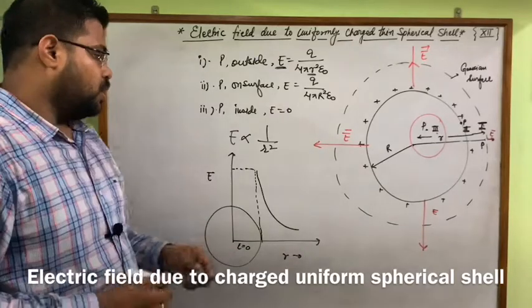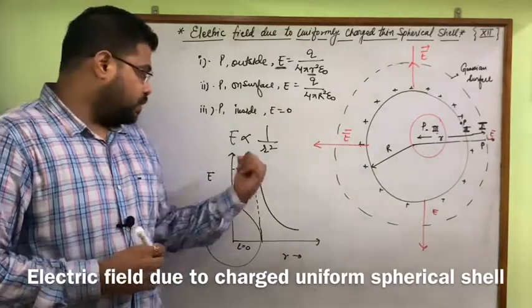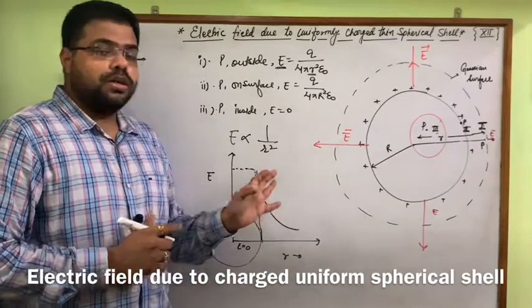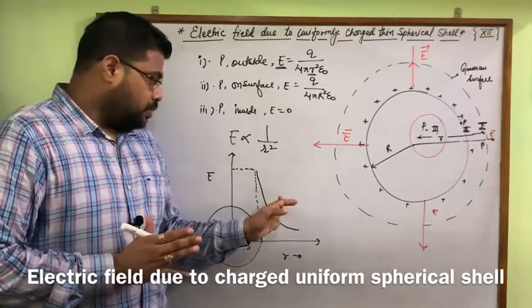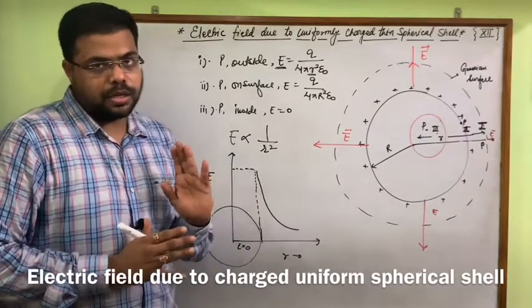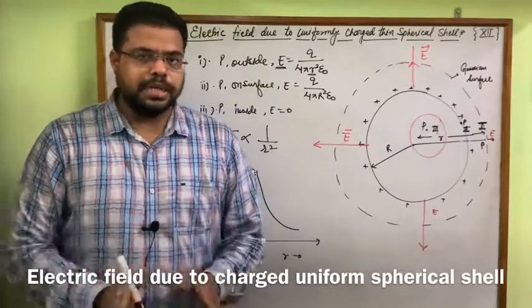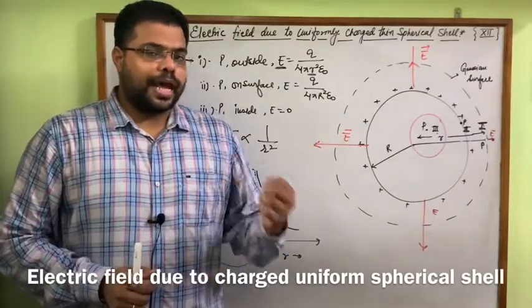So this is the graph between electric field and distance, which we can represent this way. Here this derivation part has been completed.